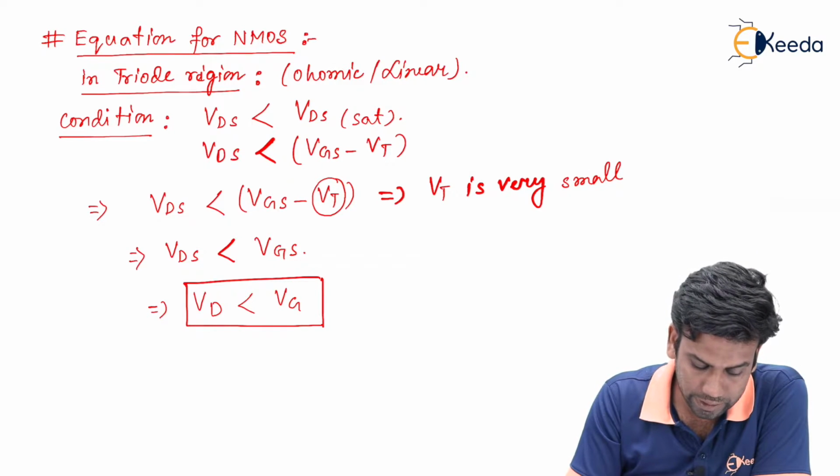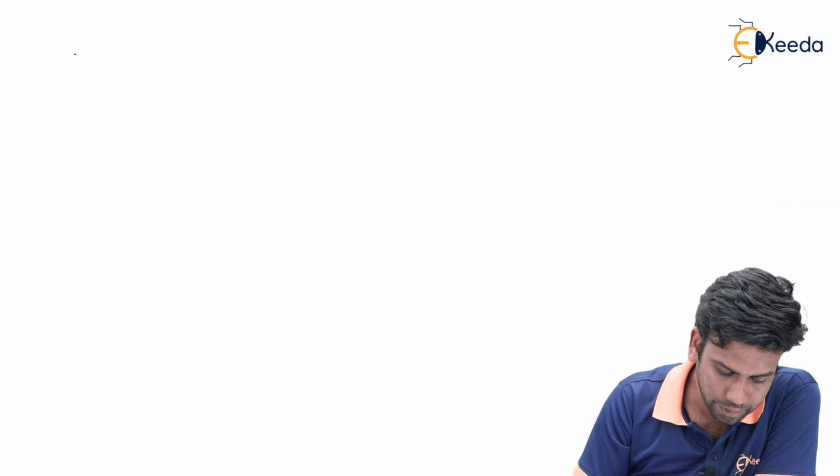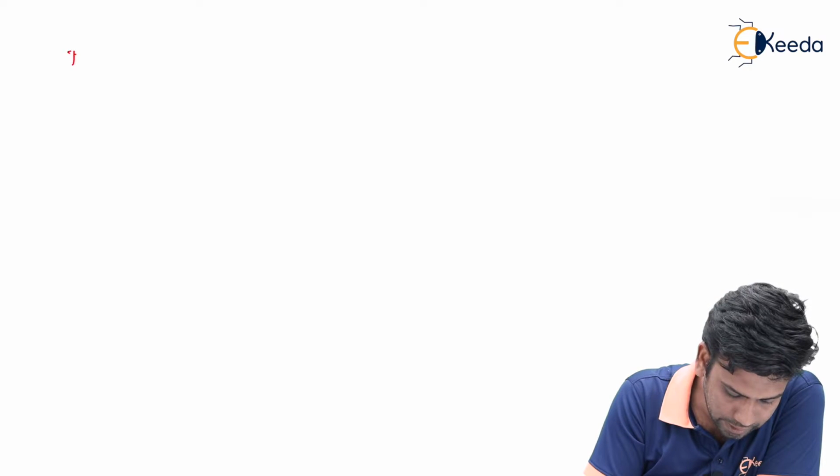Now in this triode region let us see what will be the equation of current ID.